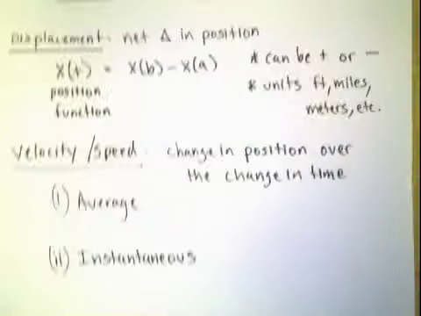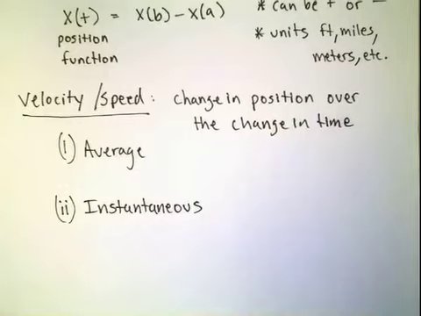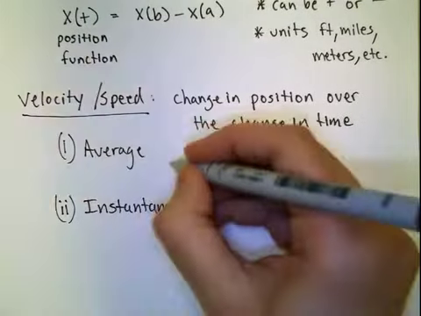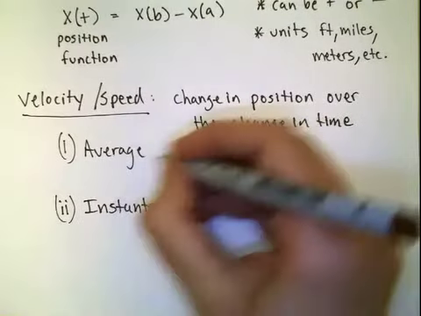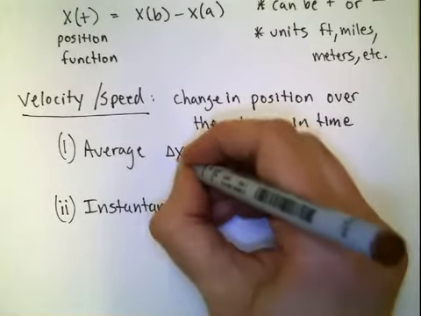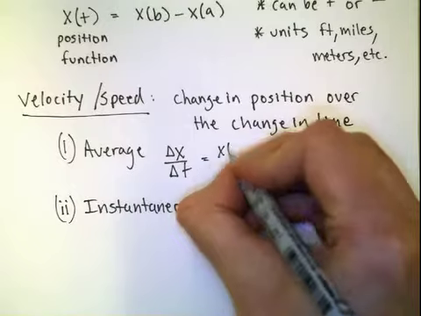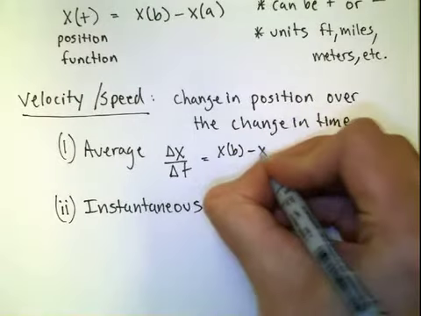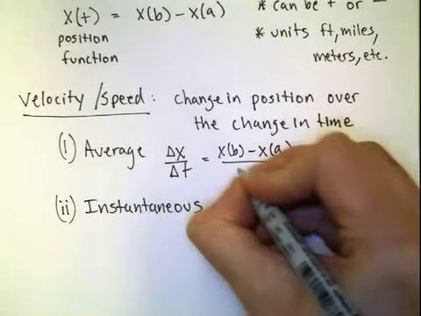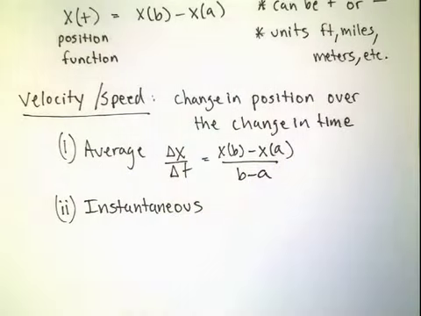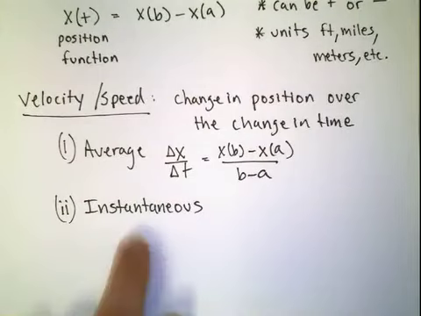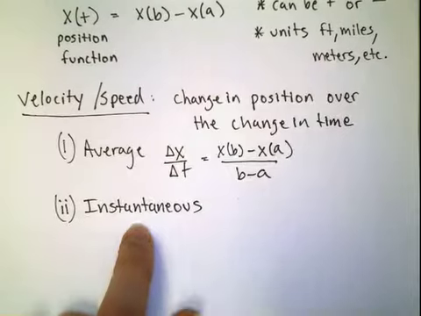Both of which have the same type of units, but average is like a secant line. It's delta x over delta t. So we would write it out, it's x of b minus x of a all over b minus a. You don't actually need a derivative to find the average velocity. An average person can do this. So no derivatives, no calculus needed. Instantaneous is one moment in time.